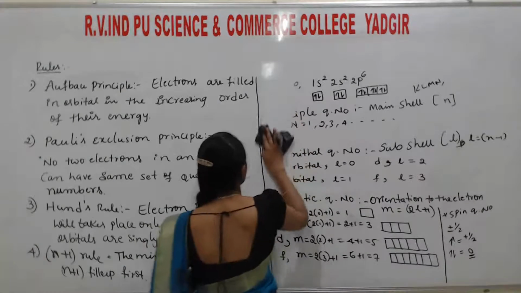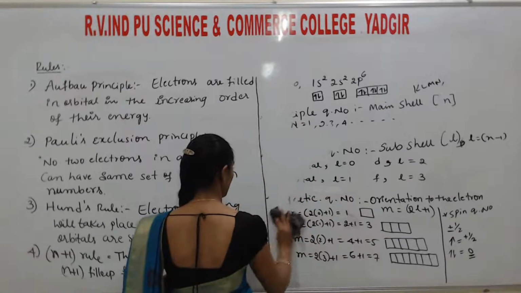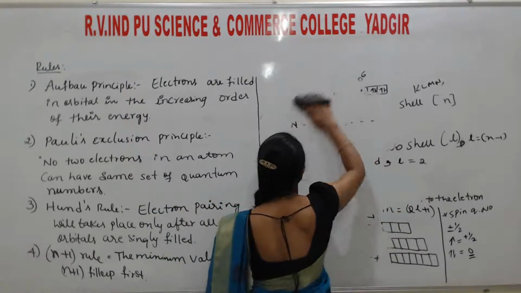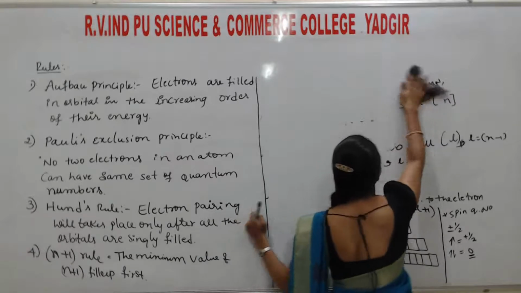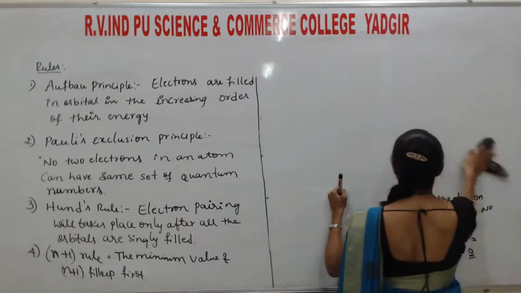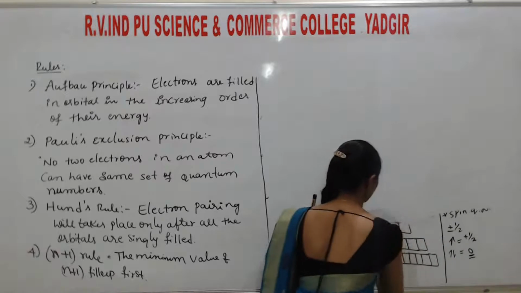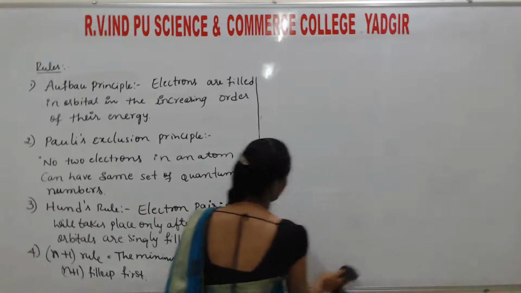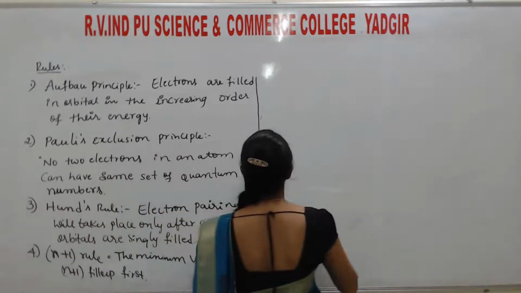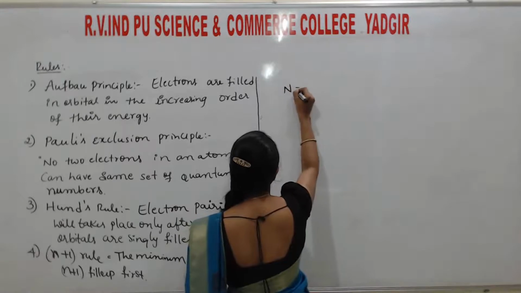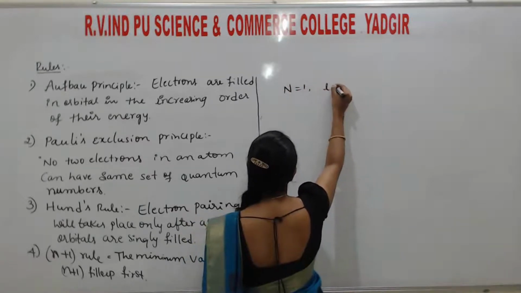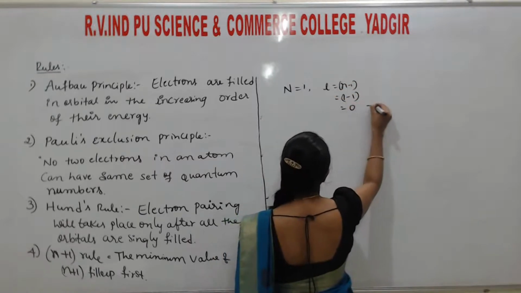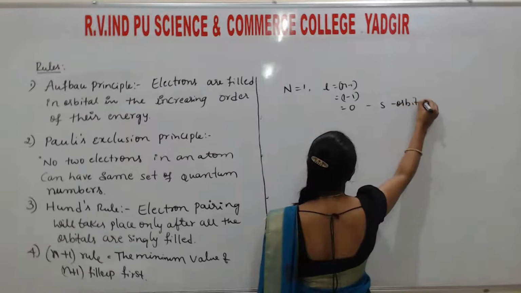Okay, so as I told you, what does this n plus l rule mean? Right here, if n is equal to 1, then l is equal to n minus 1, that is 1 minus 1, 0, meaning s orbital.